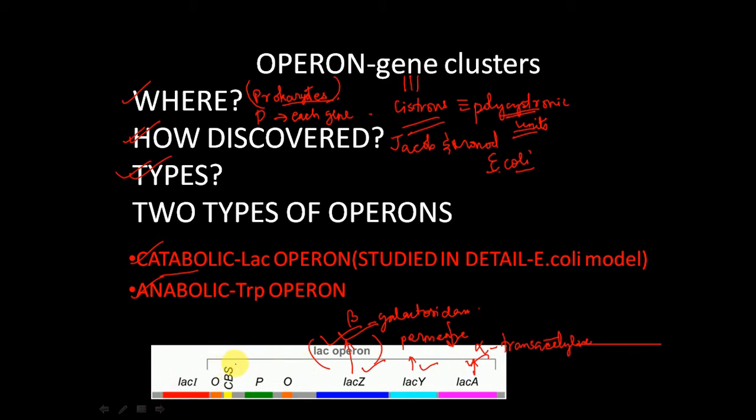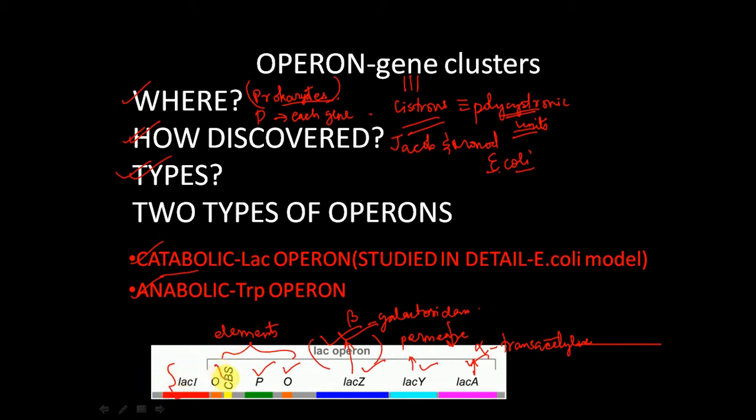We also have cis elements present, which are our P-O promoter operator, our CBS or the CAP binding site. These are called the cis elements since they are present in the main DNA sequence. And these Lac Z, Y, A are called the structural elements.